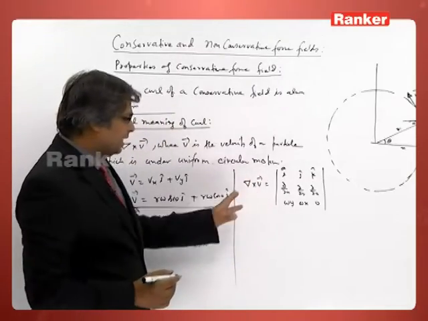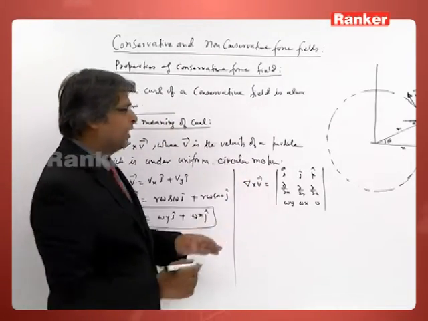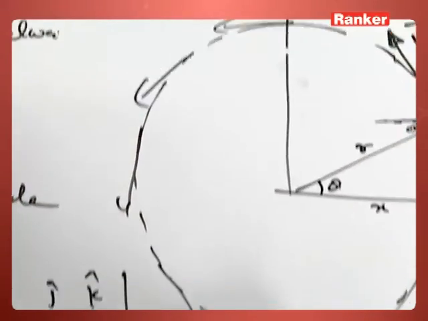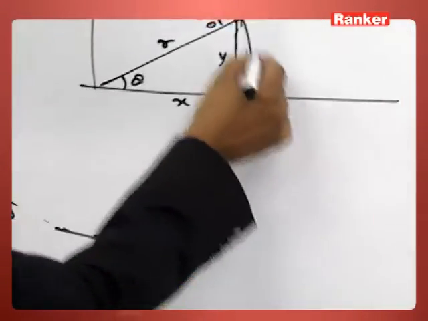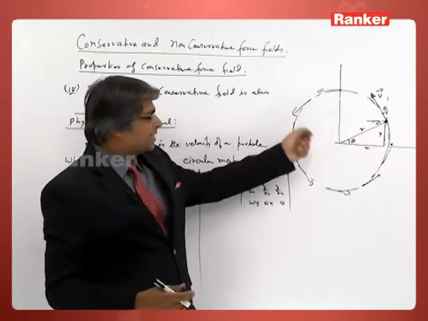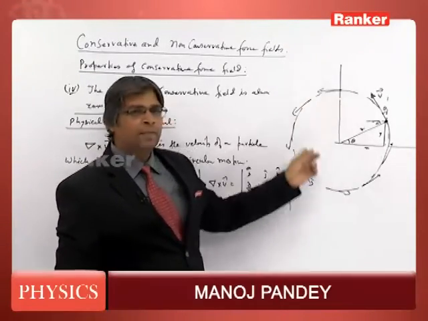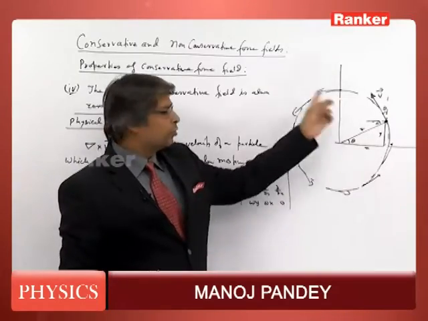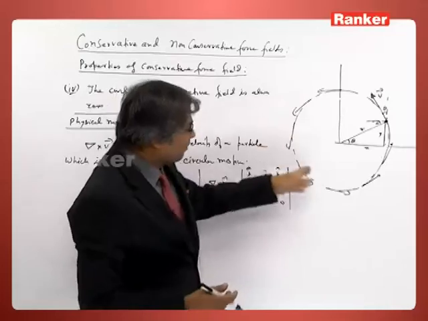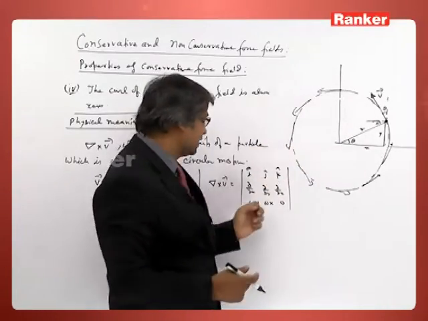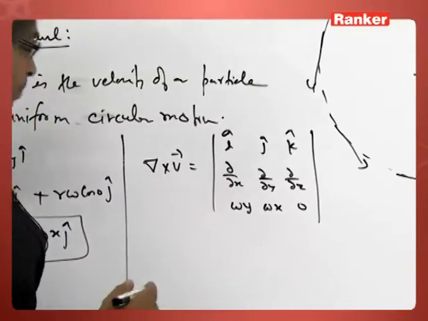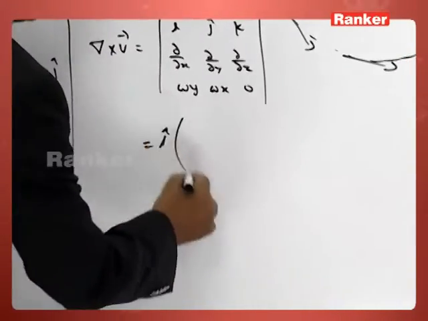You know this velocity v is linear velocity, and it has a rotational character. We can't have a better example than the linear velocity of a uniformly moving rotating particle. This has a purely circular character. So whenever a vector field has a circular character, we calculate the curl of v.